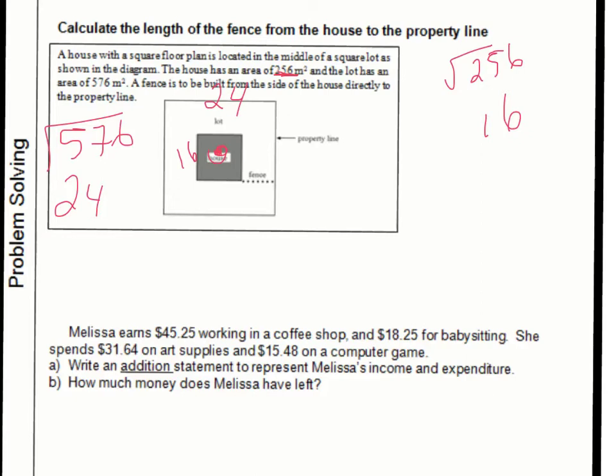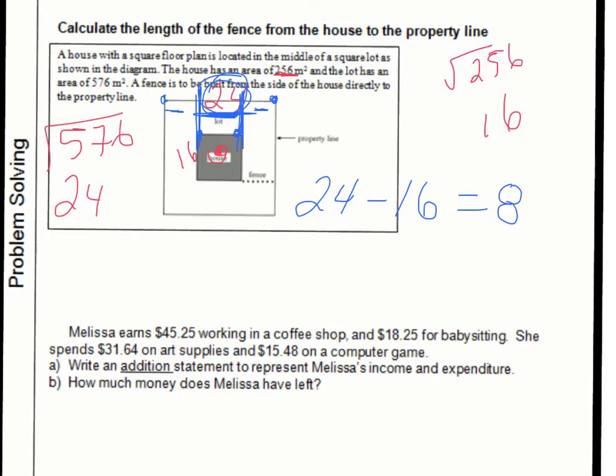We know the distance from here to here is 24. The distance from here to here is 16. So I know that if I do this, this is 16. So 16 plus what number will give me 24? So I go 24, take away 16, I get 8.